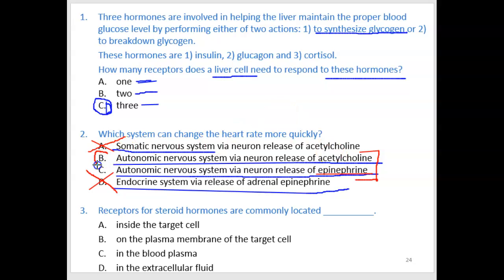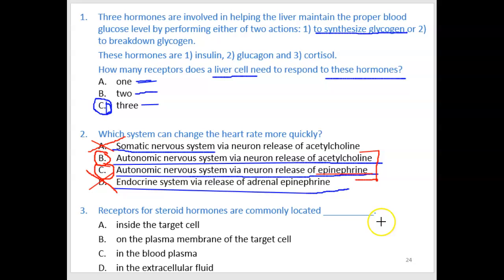We know the parasympathetic nervous system can change heart rate, and we know the sympathetic nervous system can change heart rate by epinephrine. So if I asked you which system increases the heart rate more quickly, the answer would be C. If I said which system decreases the heart rate more quickly, that would be B. Okay, let's look at number 3.